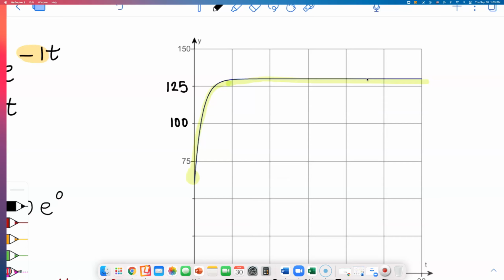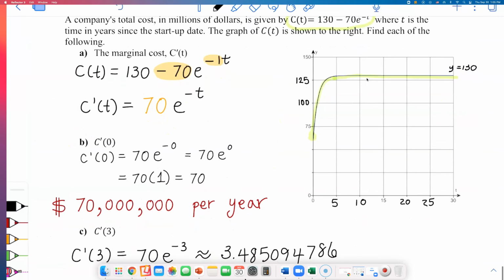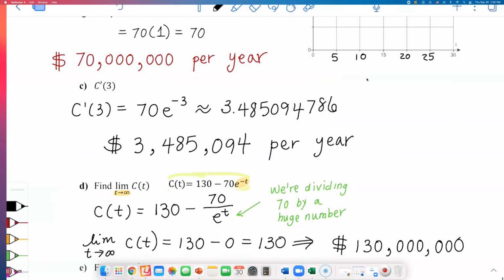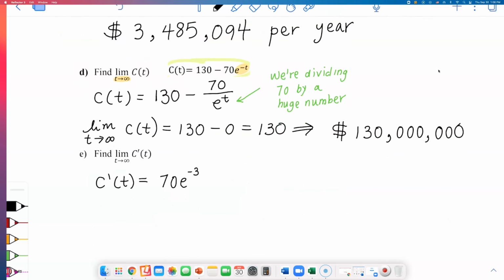So I think we can see that the y is approaching 130. And that's what we got from doing the limit, right? Algebraically, I can see that the line is approaching a y value of $130 million. But this time, it's talking about the increasing and decreasing of this line. Looking at how this line is almost flat, I think we should get 0. But let's take a look.